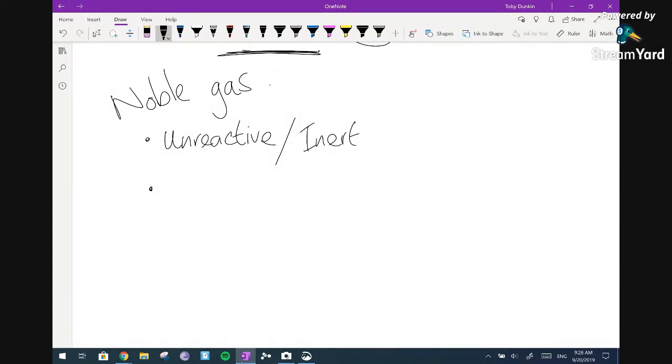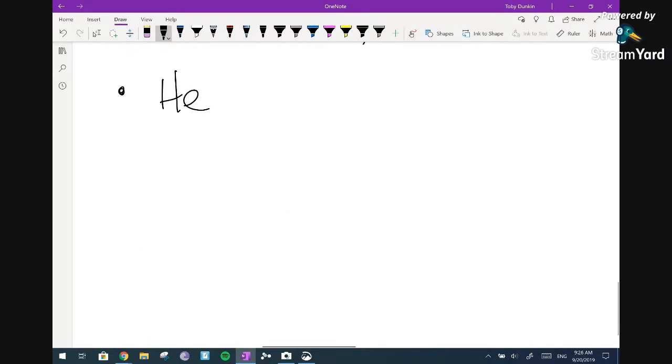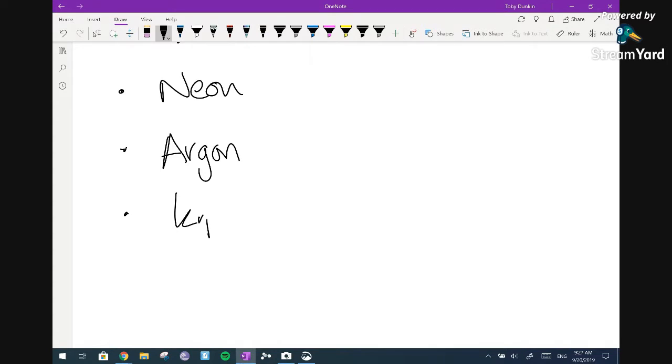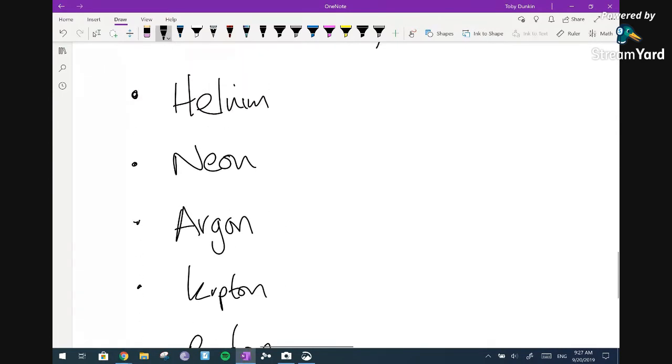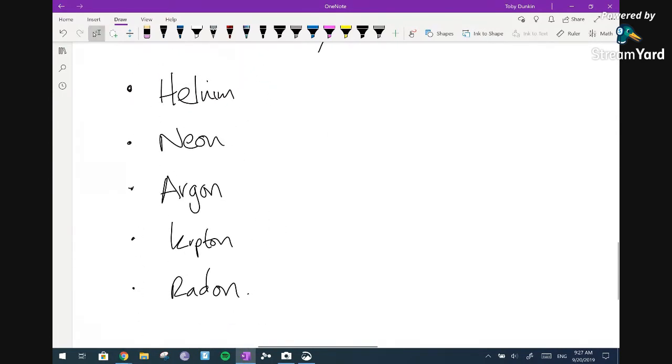Now, if we look at our column, we've got helium. I think everyone here recognizes helium. I'll actually write the names. Helium, neon, from neon signs. Helium, of course, from balloons. Argon, krypton, and radon. So we've got unreactive gases.